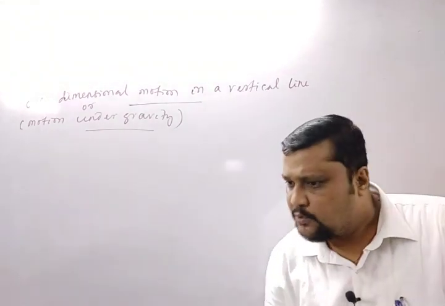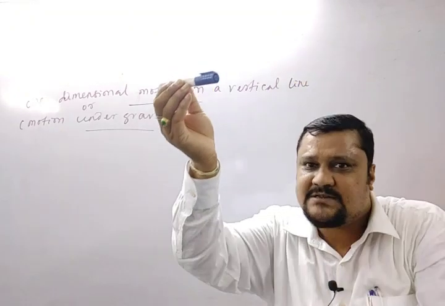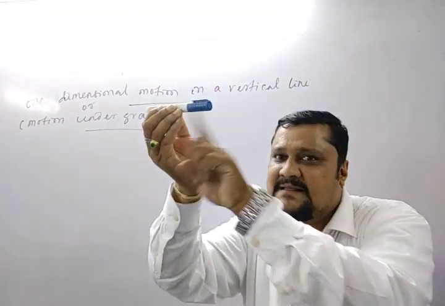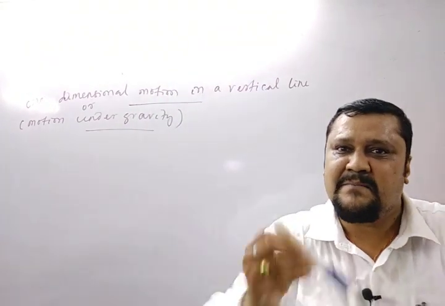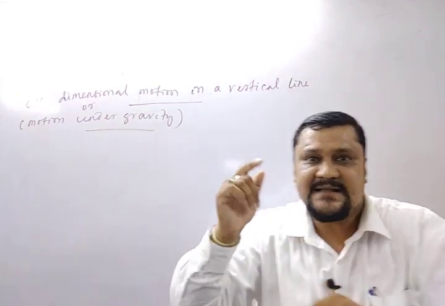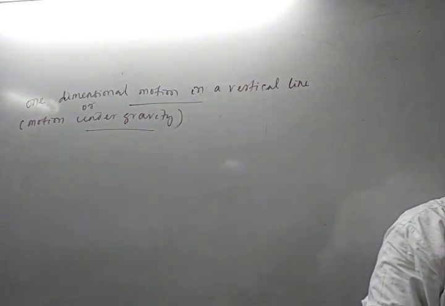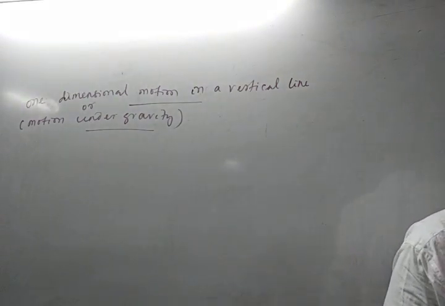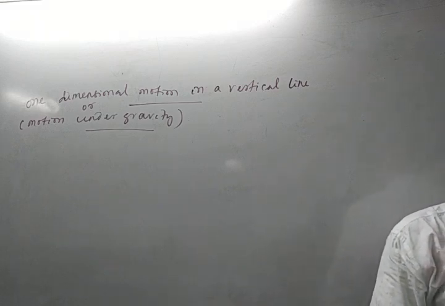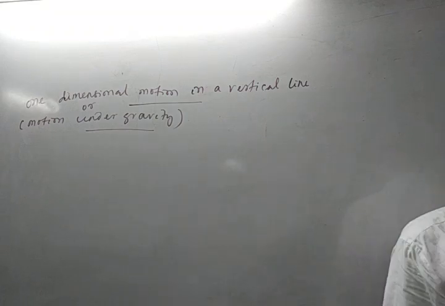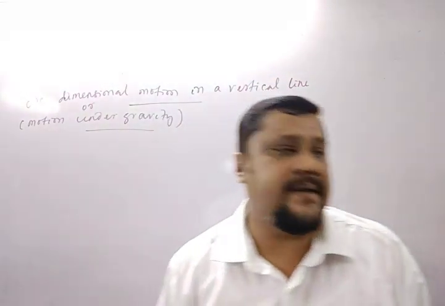When I throw a ball, it goes to a certain height, and from there it falls. The velocity becomes zero at this place, so the body is momentarily at rest at the highest point. But if only gravitational force is acting on it, then this is also called free fall or motion under gravity, right?